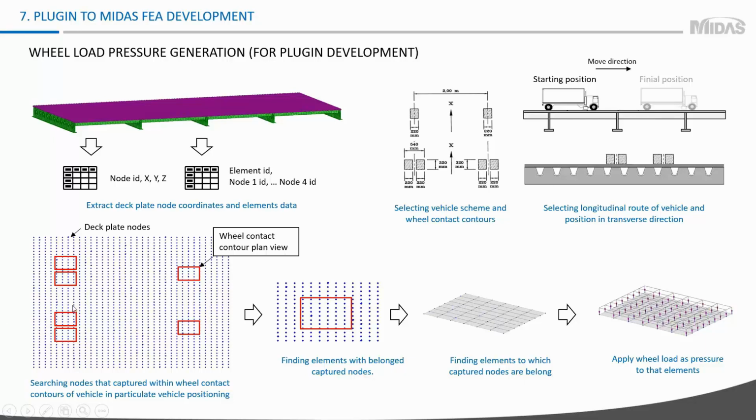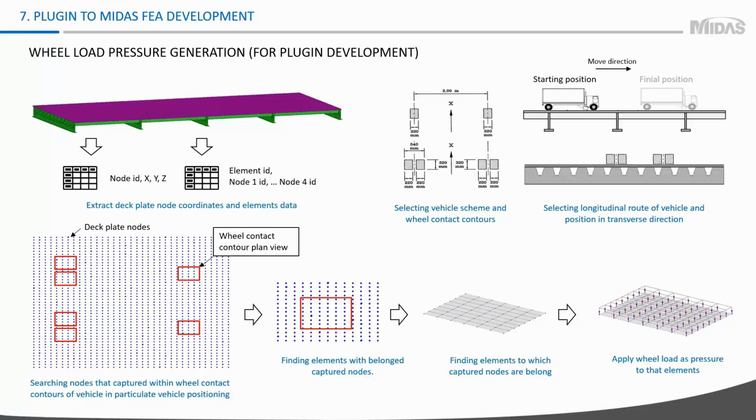Then, as you know all the deck node coordinates, and you know coordinates of the wheel contact areas, you may find each node that is placed inside this wheel contour. And then you may find the elements to which these captured nodes belong, and then you can apply a pressure load on these elements.